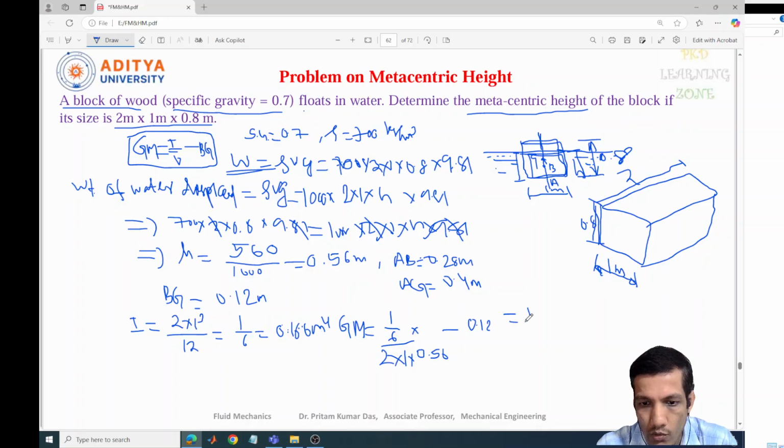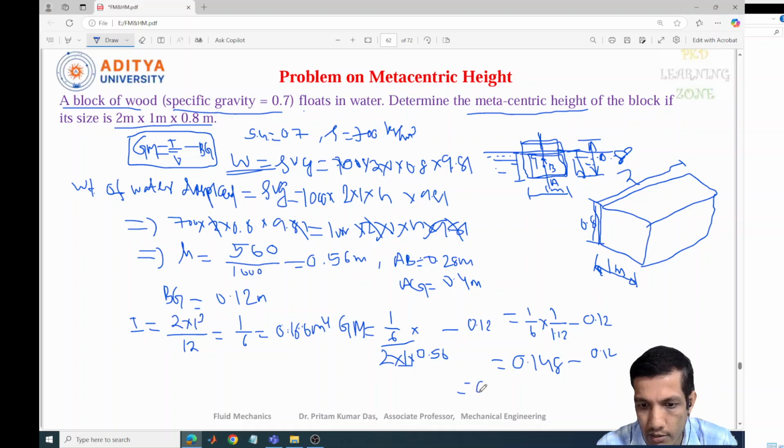So 1 by 6 into 1 by this one, 2 into 1 into 0.56. That means 1.12, minus 0.12. So this will be near about 1 by 6 point something, which is nothing but 0.148 again, minus 0.12.